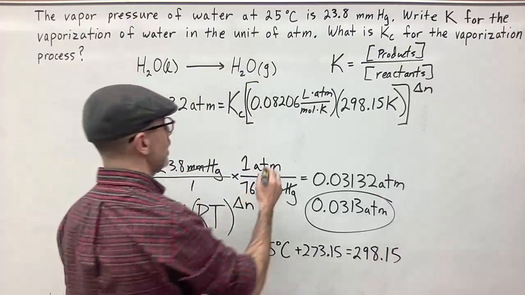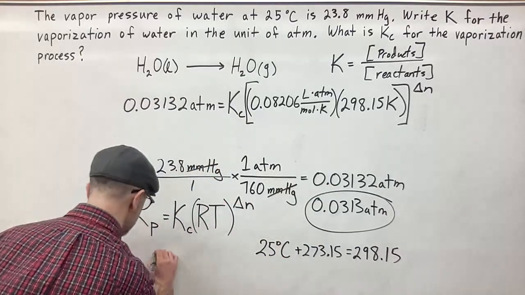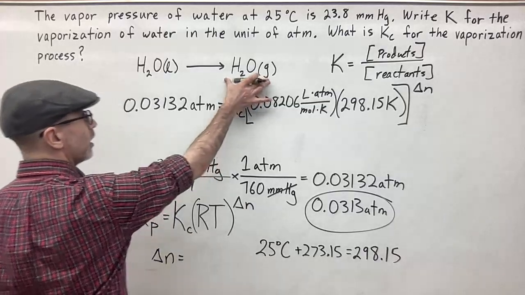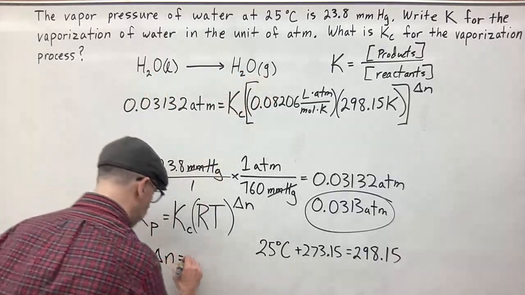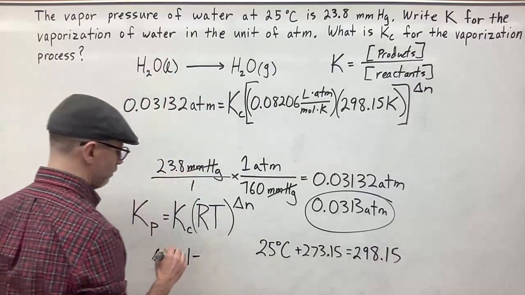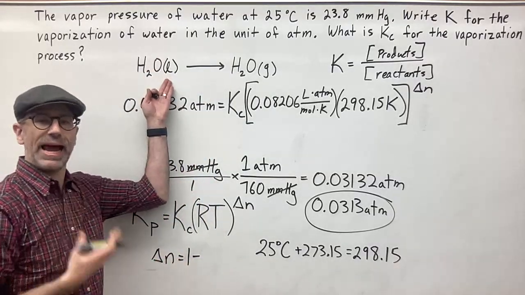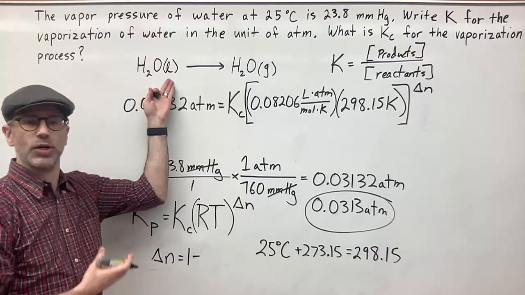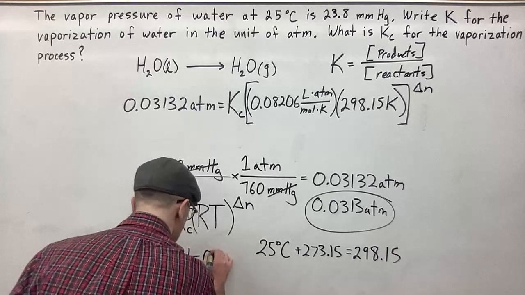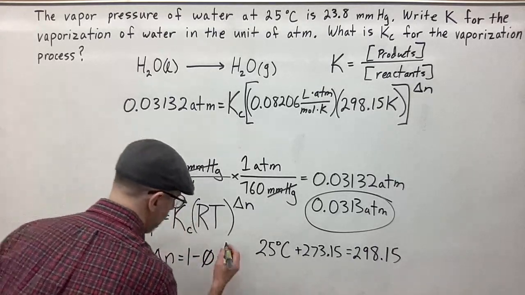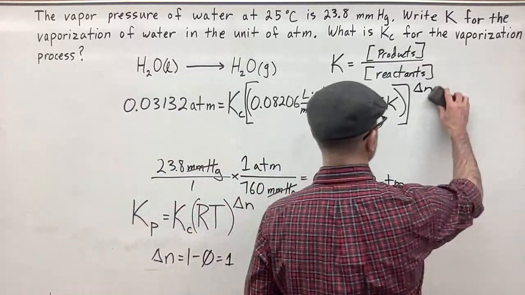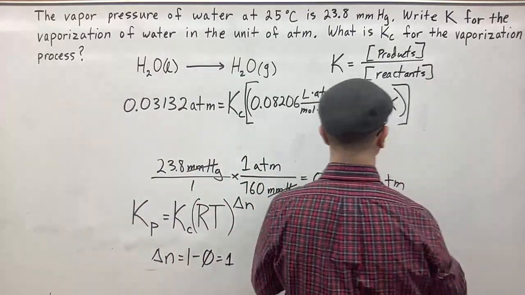So delta N is products minus reactants: 1 mole of products minus 0 moles of reactants. And again, we want gaseous reactants, not liquid or solid. So 1 minus 0 is 1.